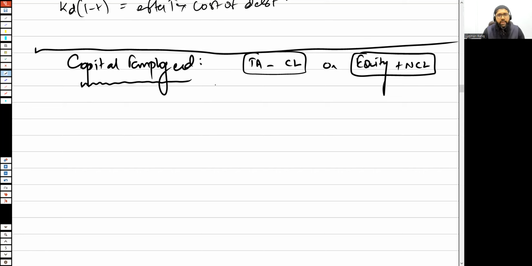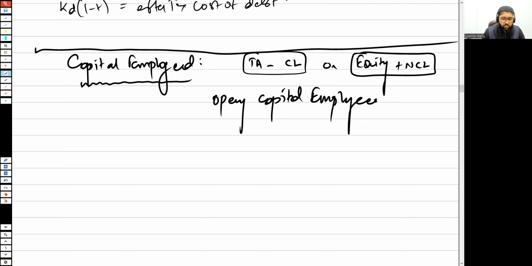Now, in the EVA calculation, one thing you need to understand is that we are going to adjust the capital employed, but it's the opening capital employed that you have to use.